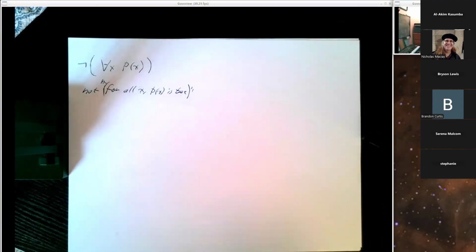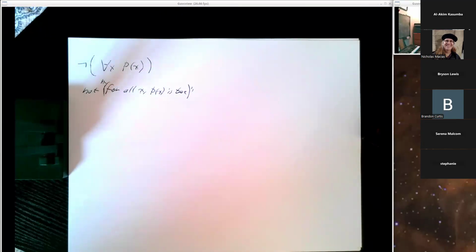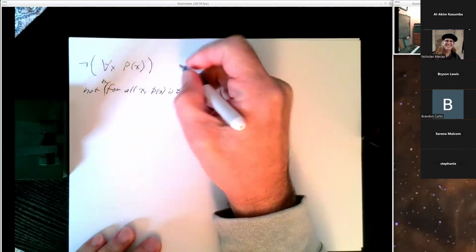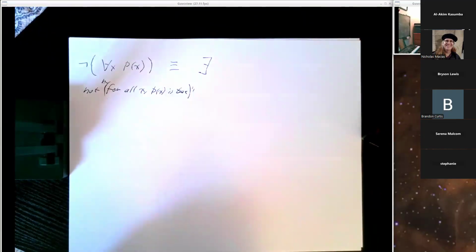Well, if it's not true that for all x, p of x, what does that mean? It's not true that for all x, p of x is true. Can I phrase that in terms of an existential quantifier?